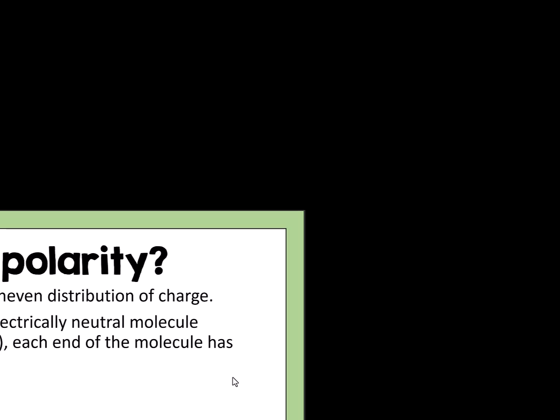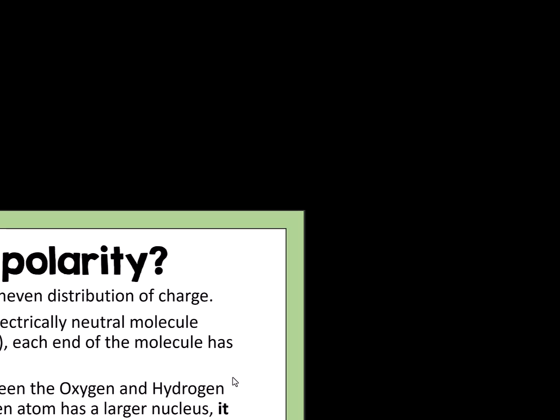But each end of the molecule has a slight charge, and here's why. Electrons are shared between oxygen and hydrogen atoms in a water molecule. That's a covalent bond. So they are covalently bonded here. The two hydrogen atoms and the oxygen atom are bonded and they're sharing these electrons here. But because the oxygen atom has a larger nucleus, it takes longer for the electrons to travel around the oxygen atom, and the oxygen atom pulls on them more strongly.